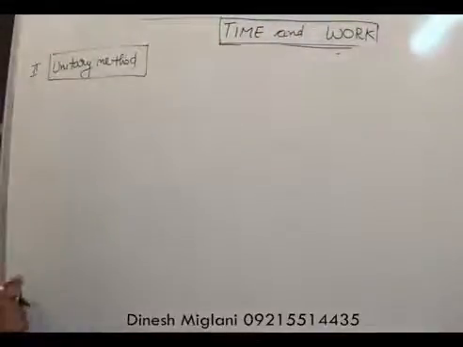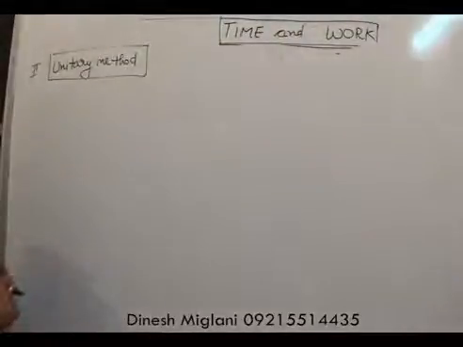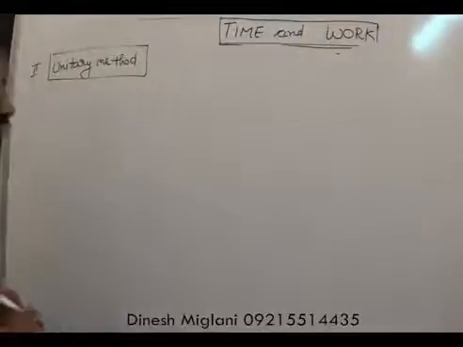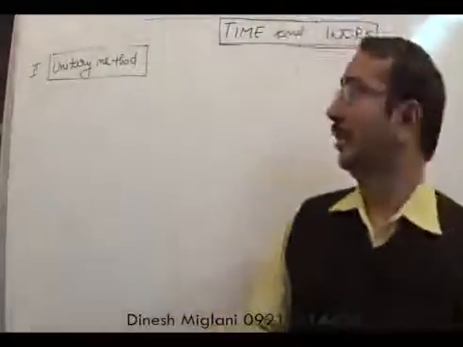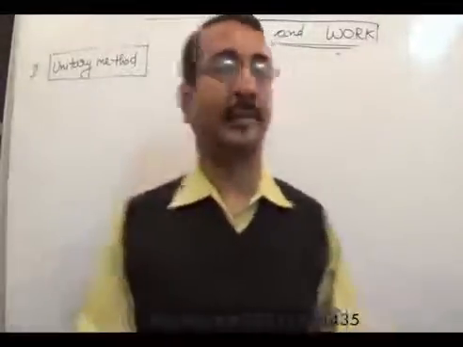I am going to start with a question. First we apply the concept of ratio and proportion, direct proportion and inverse proportion. Then we will start with a formula by which we will answer these questions very easily.